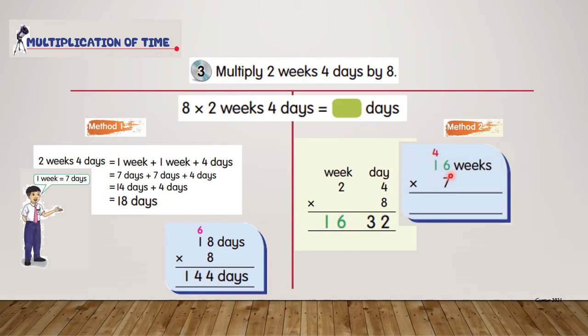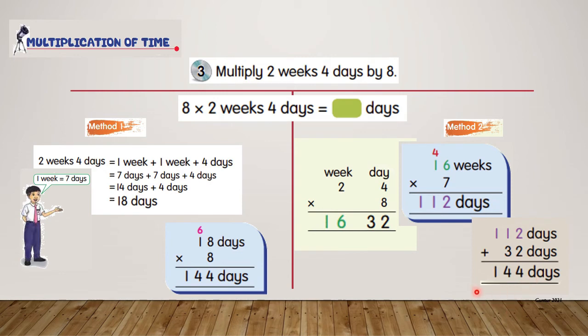Okay, 16 weeks times with 7. 7 means for 1 week, equal for 7 days. So 16 times with 7, the answer is 112. 112 days add with 32 days, the answer is also same, 144 days. So from here, 8 times 2 weeks 4 days is equal to 144 days.